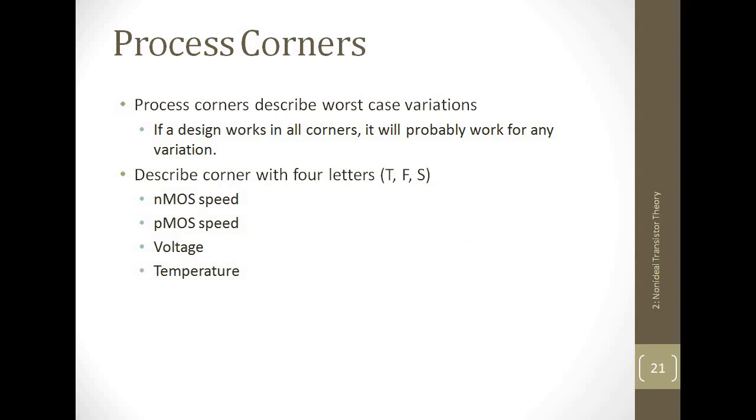The process corners describe worst case variations. If a design works in all corners, it will probably work for any variation. A corner is described with 4 letters, which indicate NMOS speed, PMOS speed, voltage and temperature.